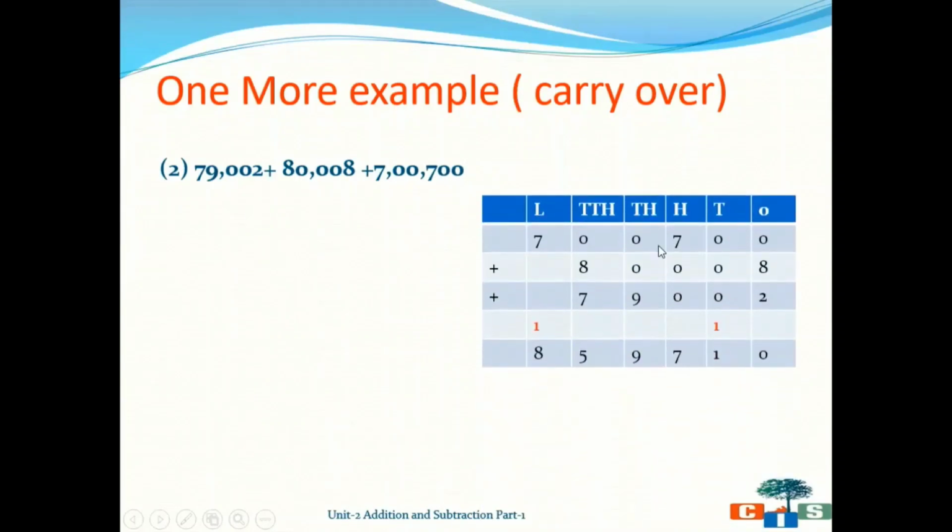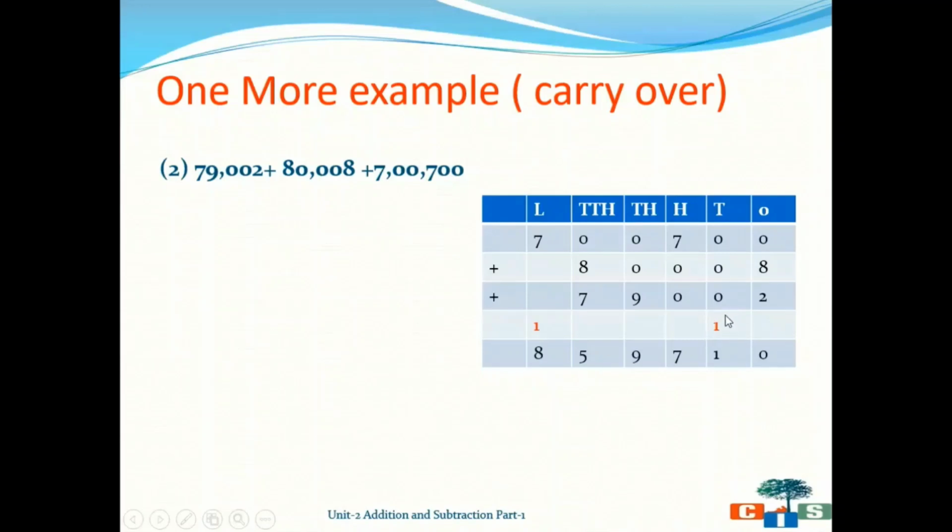Here I have arranged the biggest number first and then the smaller ones, that is 7,700, 80,008, 79,002. Now we'll start adding from the ones place. So 0 plus 8 plus 2 is equal to 10, which is 1 ten and 0 ones. So I will put 0 here and I will carry forward 1 to the tens place, as I have shown here.